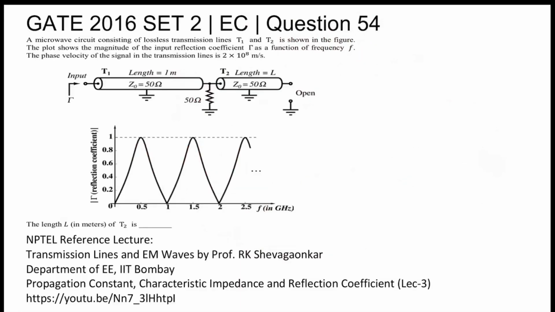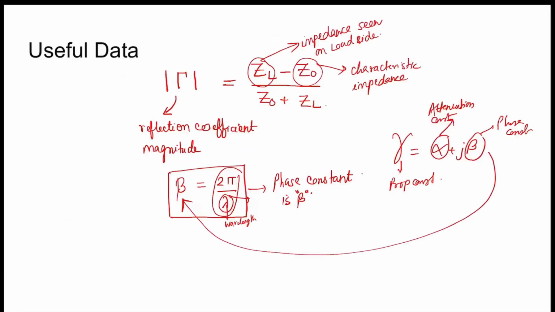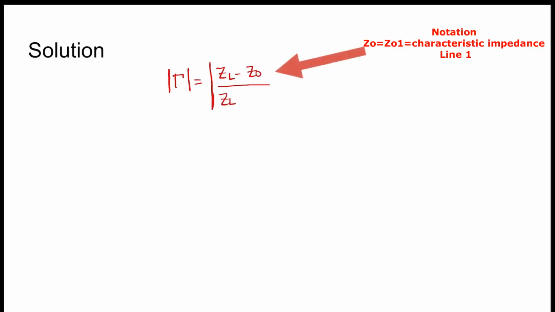In order to solve this question, first see this graph of mod gamma, where you can see that at 1 gigahertz it is 0. So coming to the solution, mod gamma equal to mod of ZL minus Z naught over ZL plus Z naught, equal to 0 at 1 gigahertz, right?